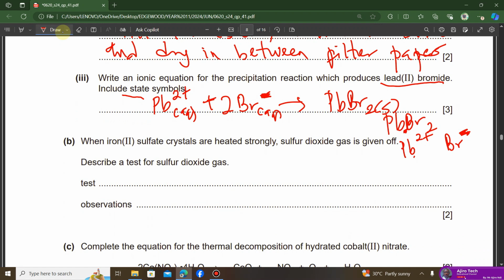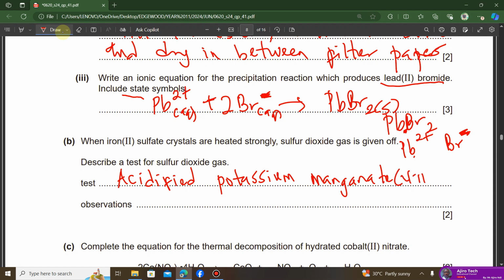Describe a test for sulfur dioxide gas. This is from paper 6. The test is simply using acidified potassium manganate 7. That's the name of the test.